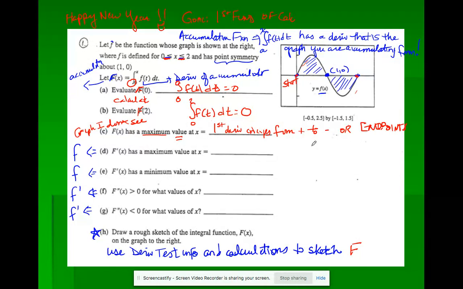So our list of suspects are 0, 2 endpoints, and where the derivative changes from positive to negative.